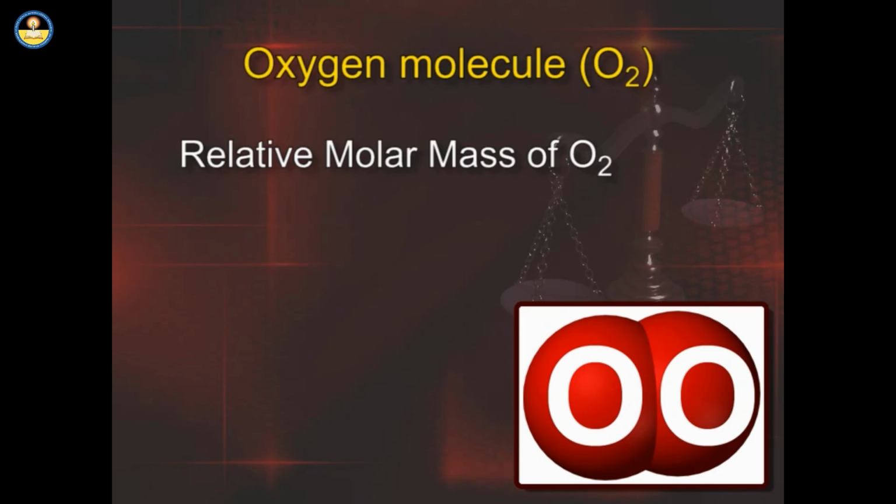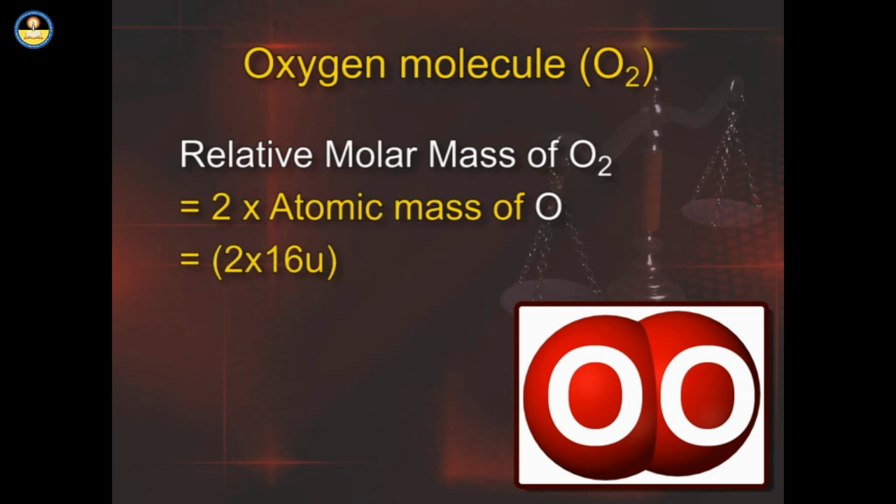Relative molecular mass of oxygen is equal to 2 into atomic mass of oxygen, which is equal to 2 into 16U, that is 32U.